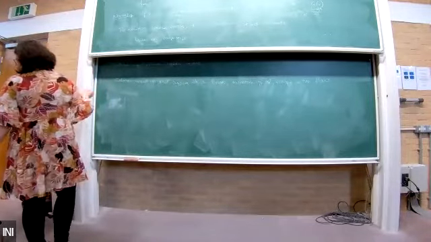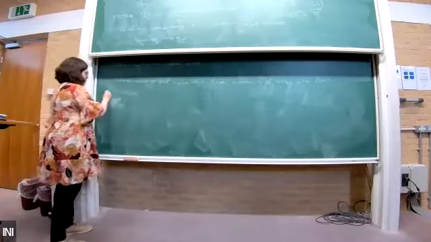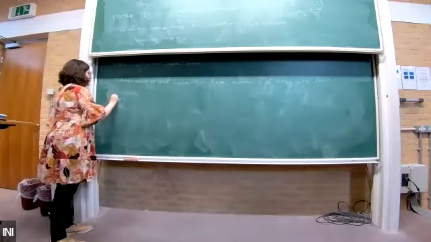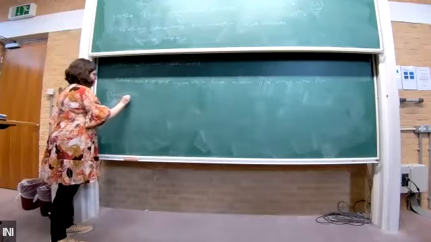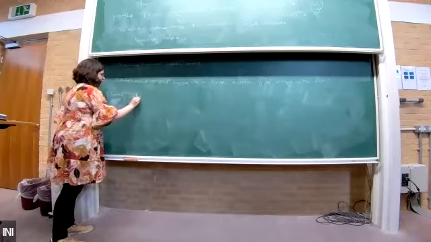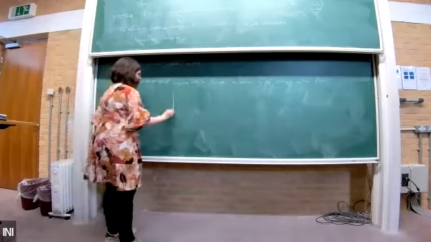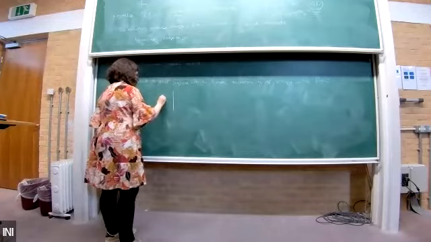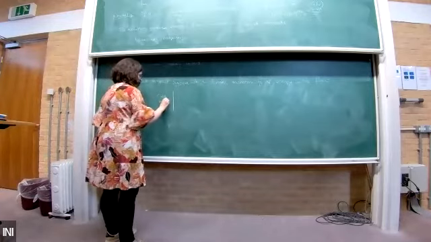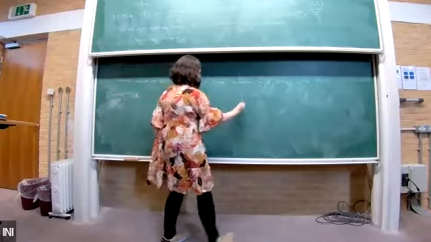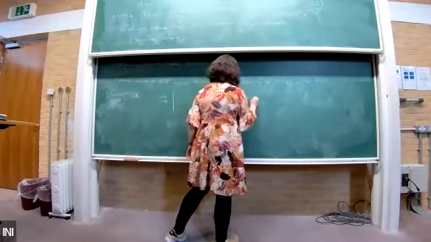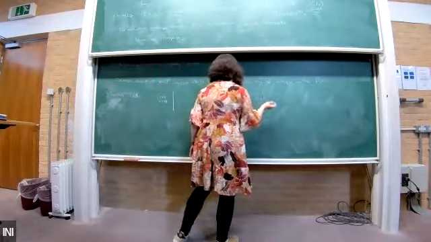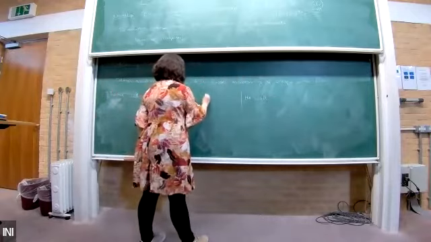Okay, so what I want to do is when we have thermal walls. Here's the picture: we have a cold wall and a hot wall, and then we have a gas in the middle.